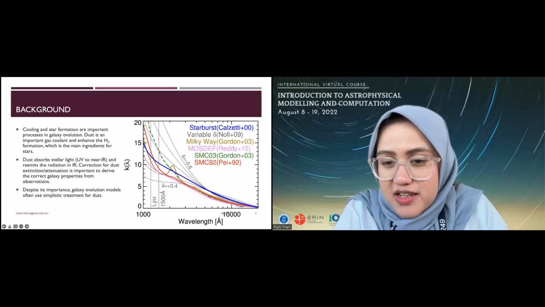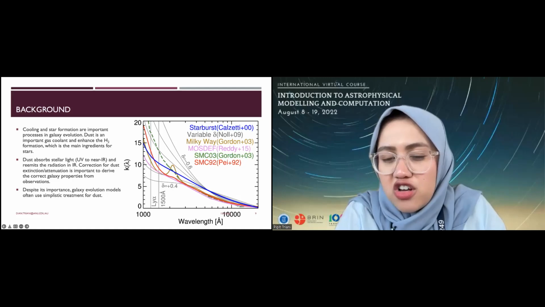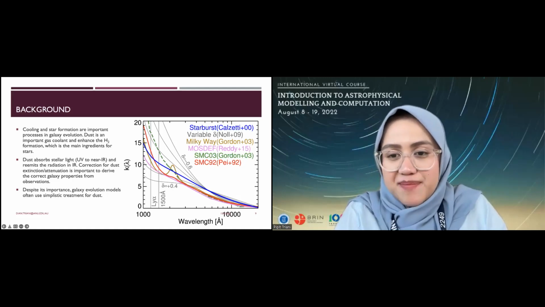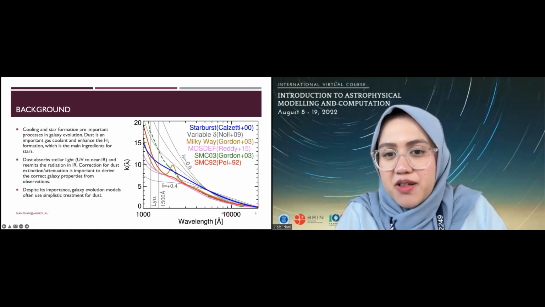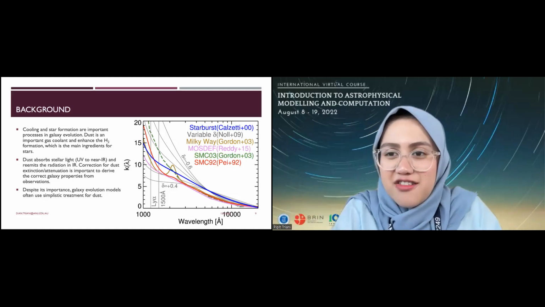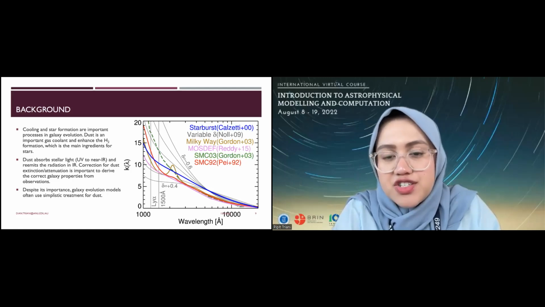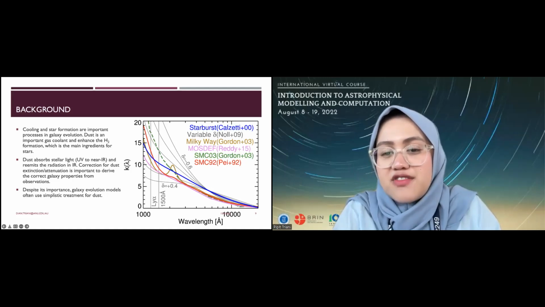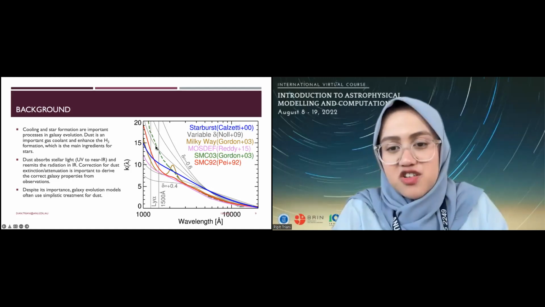Let me see. This is an example of lots of attenuation curves that have been observed by different people, and they have different shapes. Starburst galaxies are galaxies that have had an episode of star formation very recently. It looks like the blue line here, while the Milky Way, for example, has an attenuation curve like the brown line here.